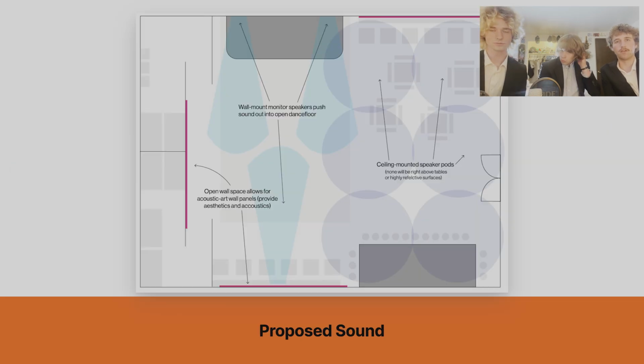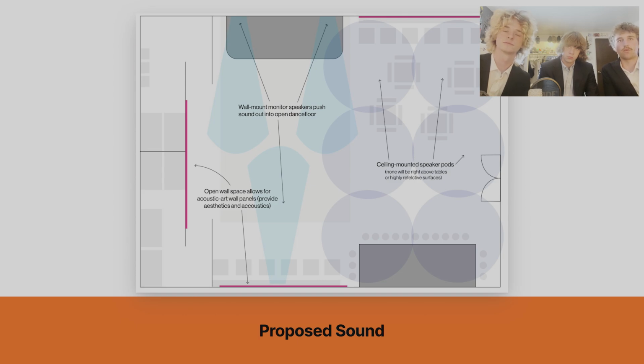This is a map of the possible sound programming, or sound installation, for the space. You can see there's ceiling mounted speaker pods above a lot of the more slow paced sitting space.